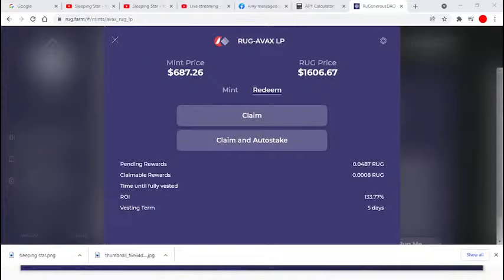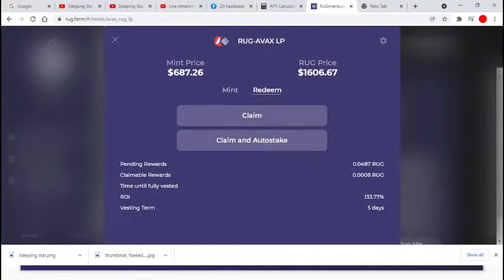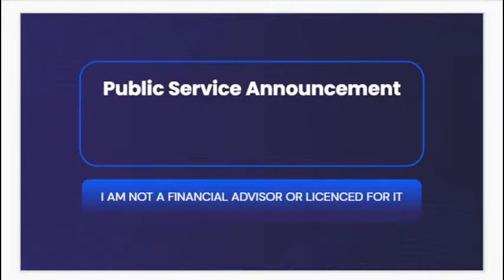Is it not on CoinMarketCap anymore? Give me 1 second to go over that real quick and see if it's not on CoinMarketCap.